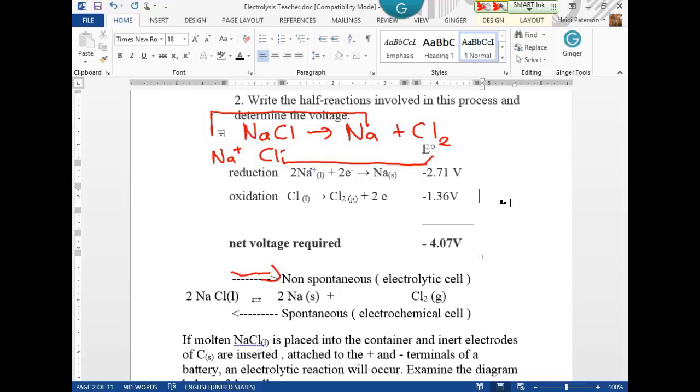I push the electrons by adding a battery to the circuit. Versus, if I were to flip this around and react sodium and chlorine gas together, it would be a spontaneous chemical reaction, which is an electrochemical cell.